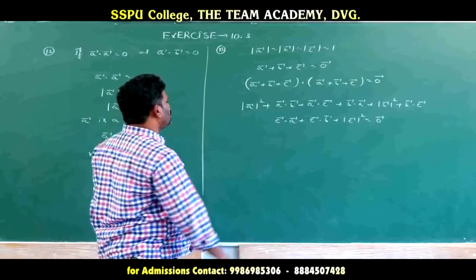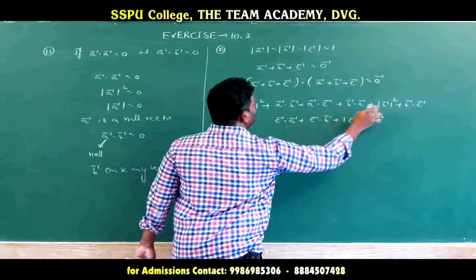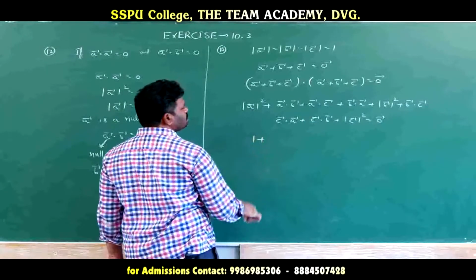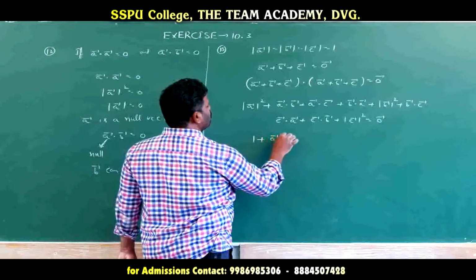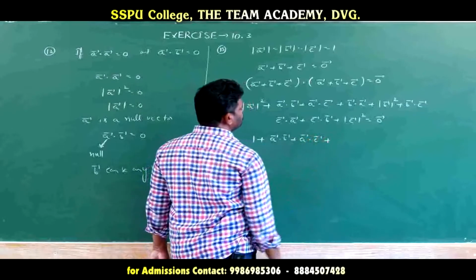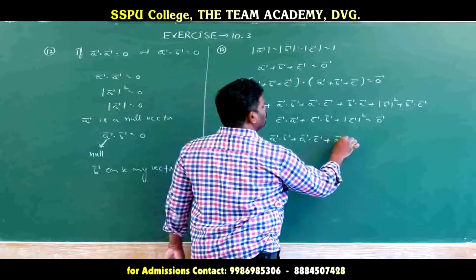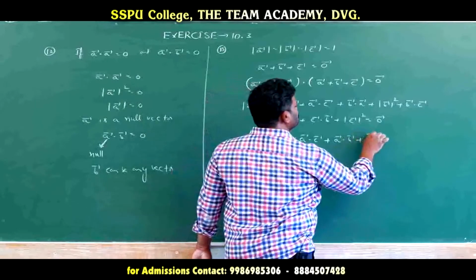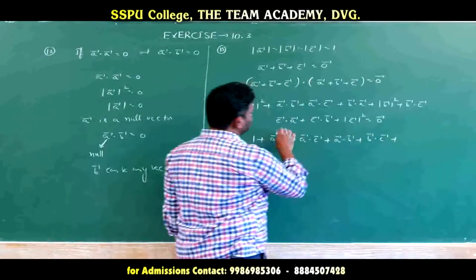Here, this value is 1, this value 1, this value 1: a square, b square, c square are each 1. So 1 plus 1 plus 1, and then a bar dot b bar plus a bar dot c bar, plus again b bar dot a bar means a bar dot b bar by the commutative property, so b bar dot c bar, plus c bar dot a bar.